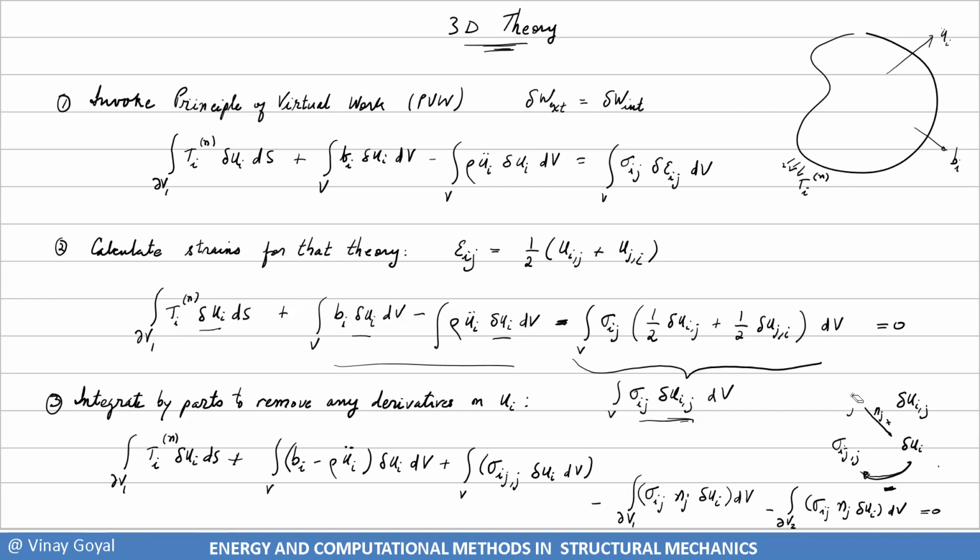And let me move all this to the top so it's not congested at the bottom so you can see it better later. So I'm going to integrate by parts here in this box, sigma ij del ui comma j, and then I have sigma ij comma j del ui plus minus, and that's nj, and that's what I did.